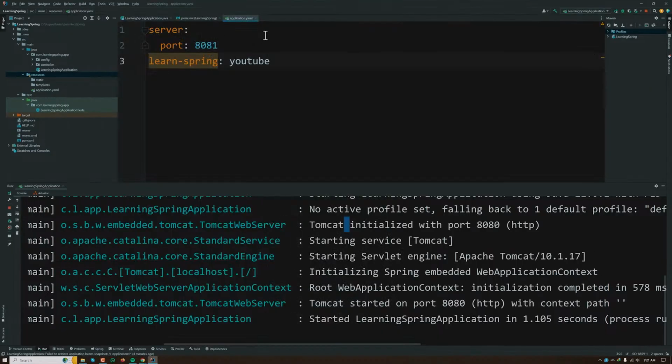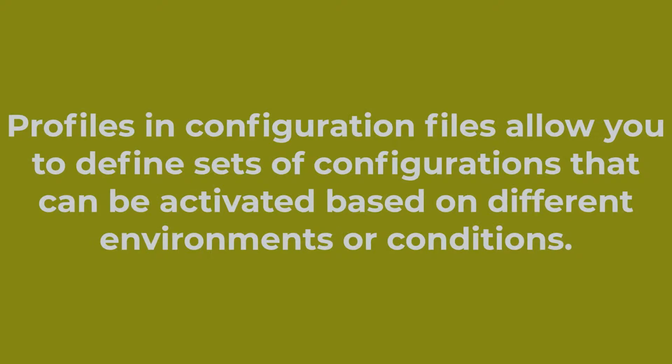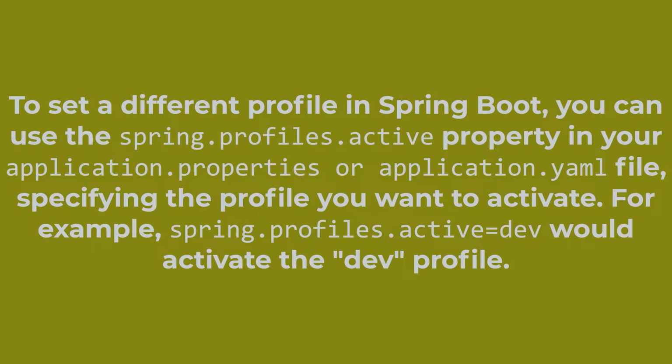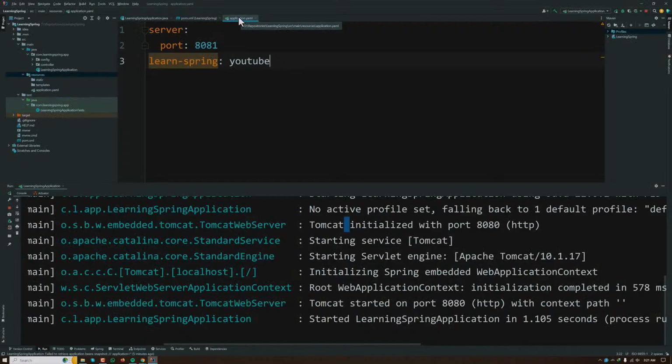Okay, so this YML file or properties file also supports different types of profiles. Like I can create a separate YML file in the format of application hyphen the name of our profile .yml or .properties, then that will be the profile which we can set from our main application.yml file.